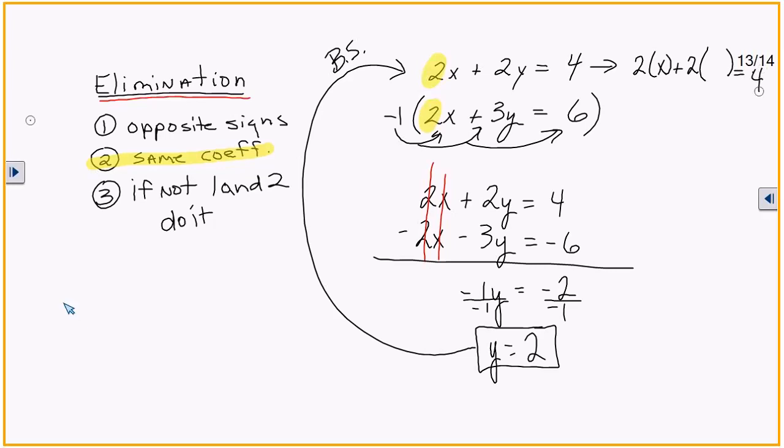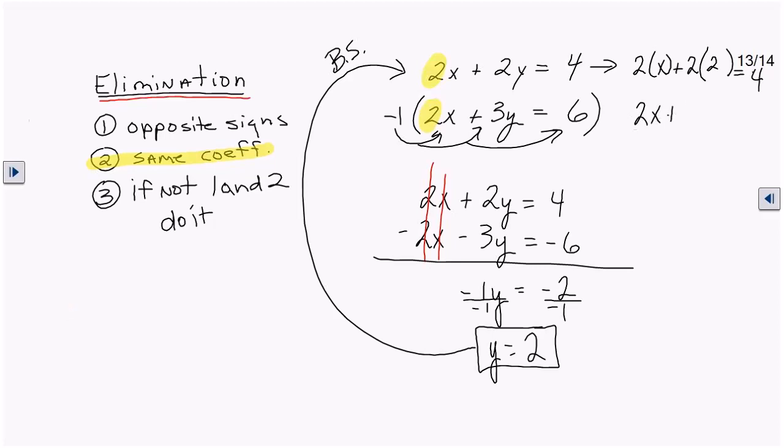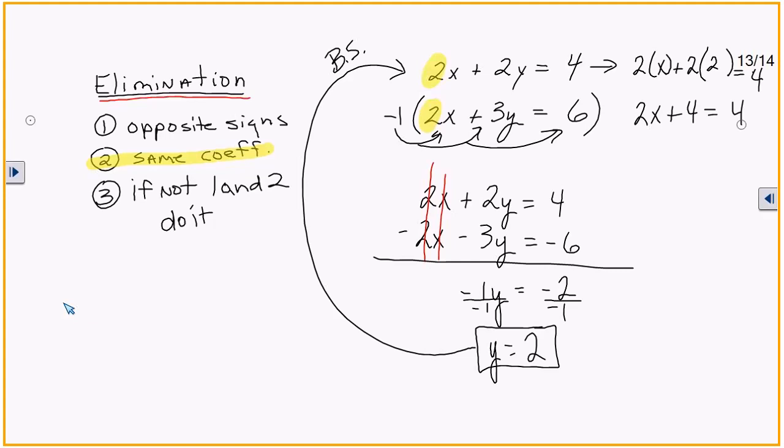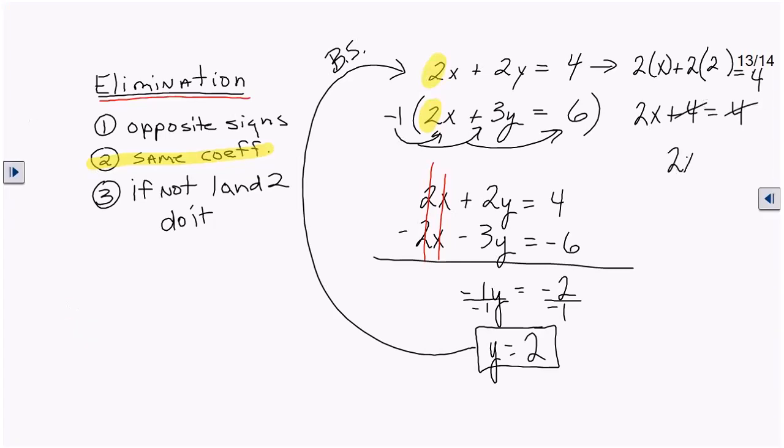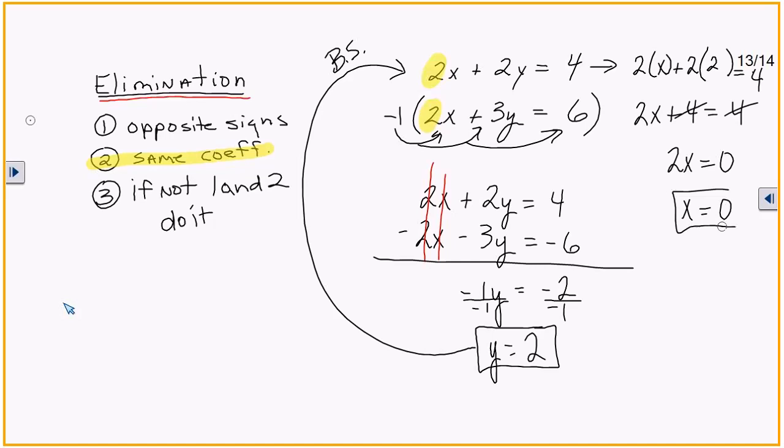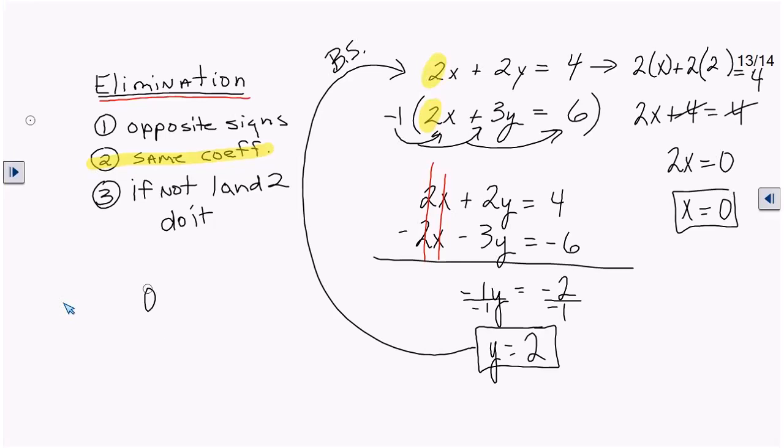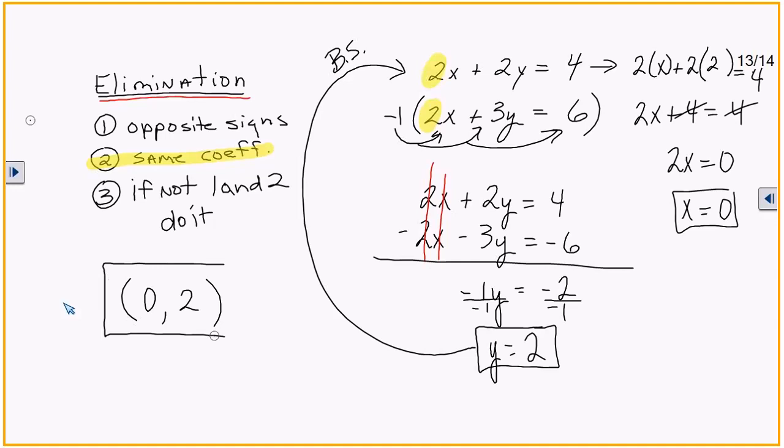And I'm going to plug that 2 in right here. 2x plus 4 is equal to 4. That's going to cancel with this one. 2x is equal to 0. X is equal to 0. So our two lines intersect at 0, 2. And that is the same as we got before.